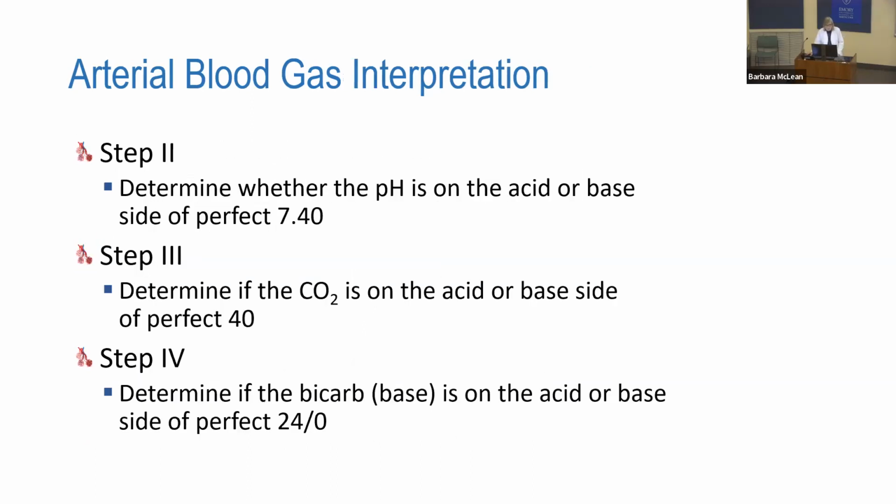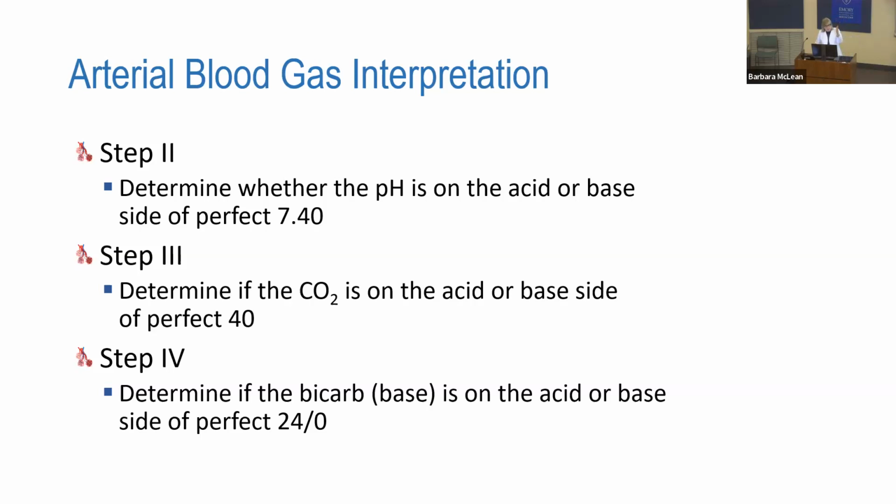Step 2, I want you to look at your pH, and I want you to think about perfect pH, 7.40. If it's below 7.40, it doesn't have to be out of range, but that means you may have a little more presence of acid. If it's above 7.40, it means you have a little less presence of acid, you're more alkaline.